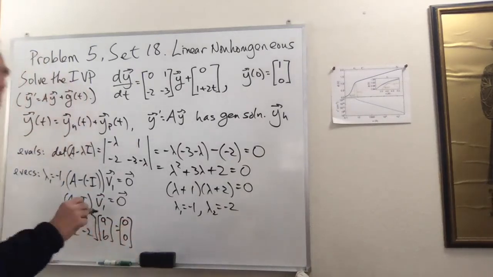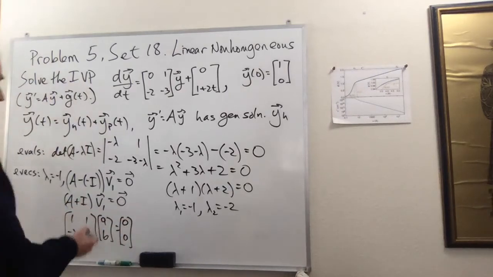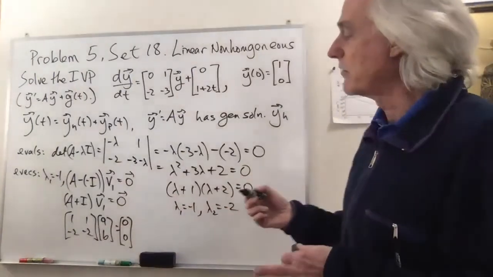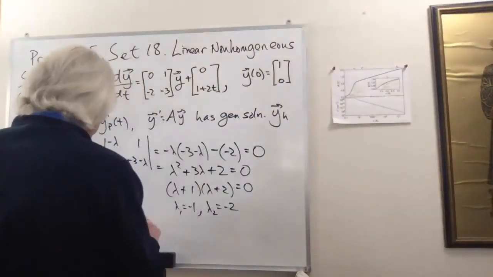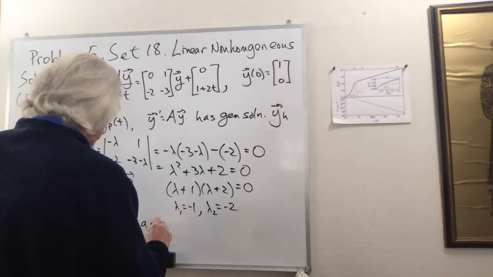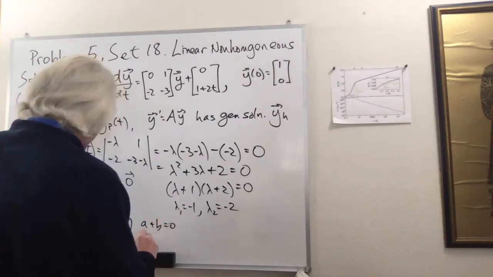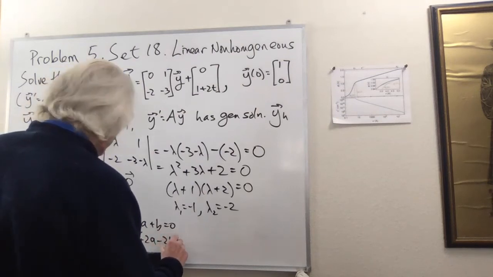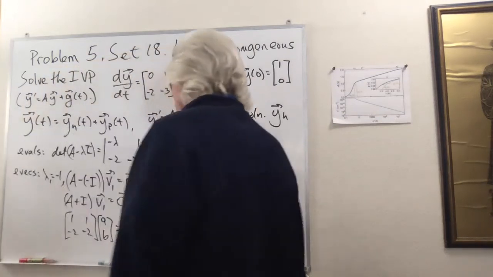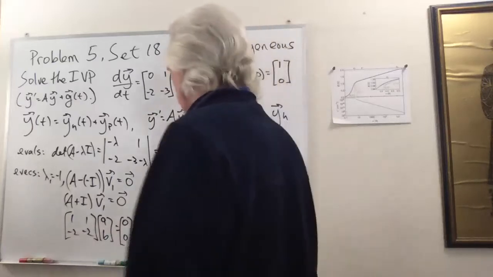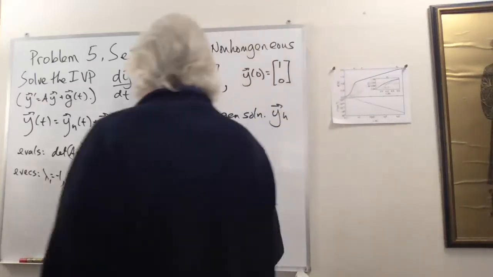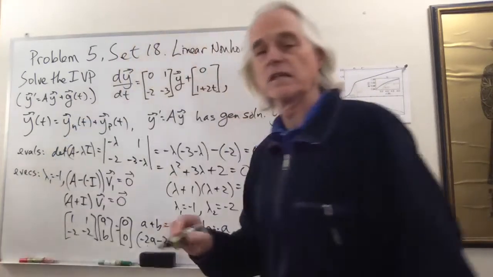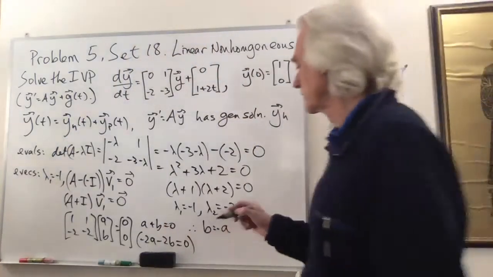And as always happens in this kind of thing, the two equations for A and B are redundant. So I basically just get A plus B is 0, and then I get minus 2A minus 2B is also 0, but that's just the same thing. So B is equal to, right, so this isn't needed. B is equal to negative A. A is anything but 0.